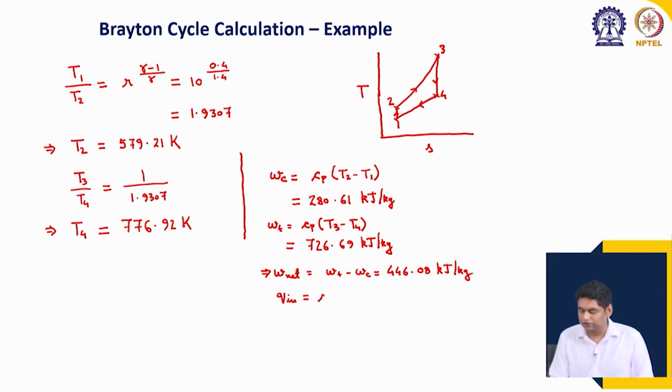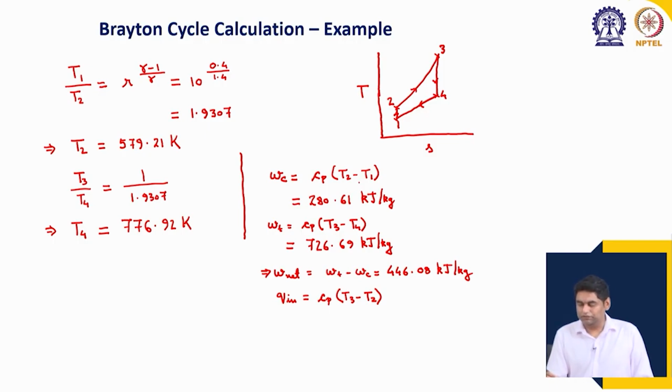Q in, for the process 2 to 3, is equal to Cp (T3 minus T2). By the way, how are we expressing the work output and heat input in terms of Cp into delta T?